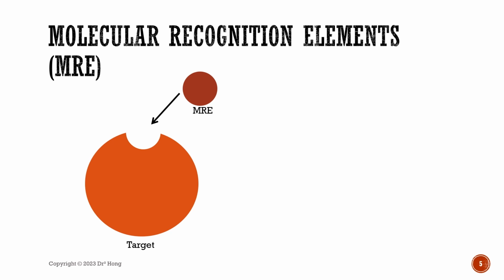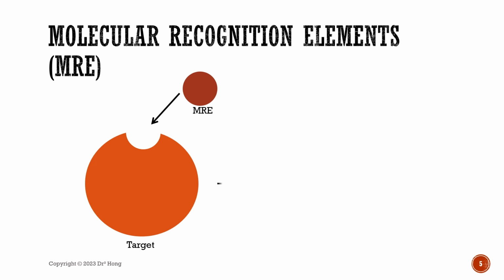They can be antibodies. They can also be single-stranded DNA and RNA, and I'll explain why. Now, these molecular recognition elements can all bind to a target. These targets can be proteins, small molecules, viruses, or even whole bacteria or mammalian cells.